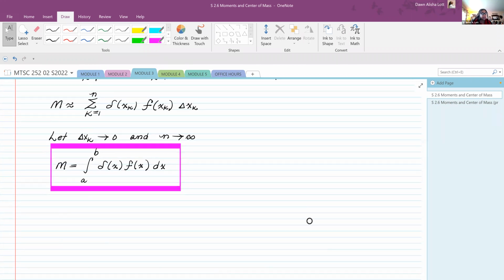Any questions about that? So now we have a formula for the mass. What we need now is a formula for mx and a formula for my.